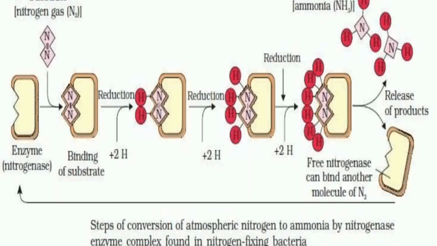In this way, one nitrogen gets attached to three hydrogen to form ammonia, and the release of the products occurs, and the enzyme nitrogenase gets free and can bind to another molecule of nitrogen to form another molecule of ammonia. In this way, the nitrogen fixation occurs in the root nodule of the plant.